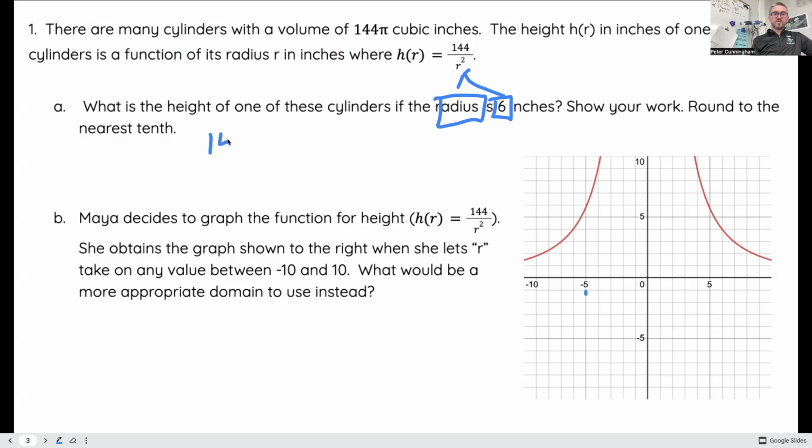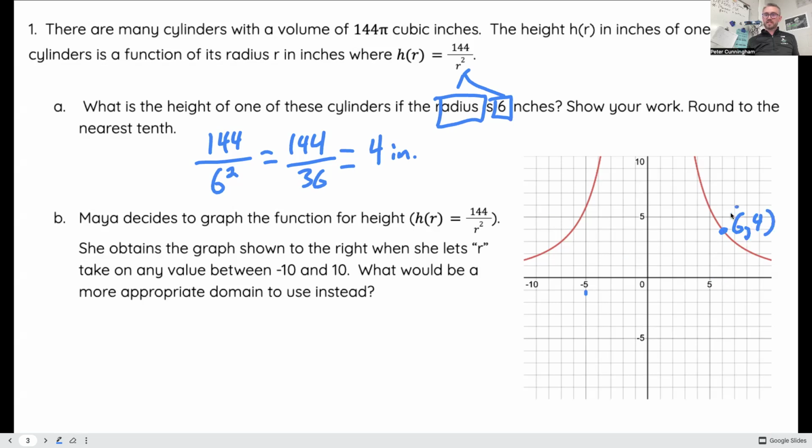So all you really have to do here is 144 divided by my R, which is 6, squared. So 144 divided by 36, and you should get 4. 4 inches height. And if you look here and go to where 6 is my radius on the X and go to 4, that answer should stick out. It makes sense.